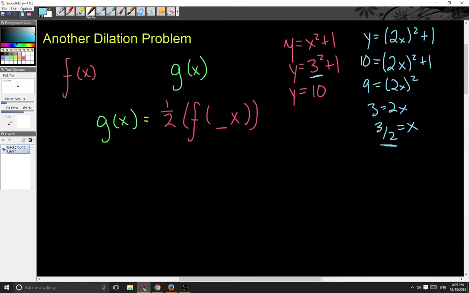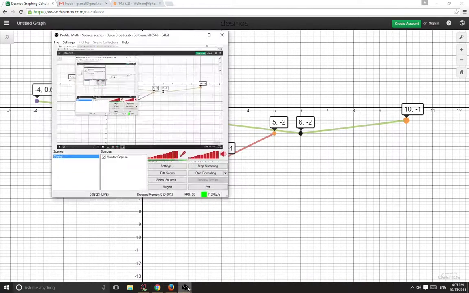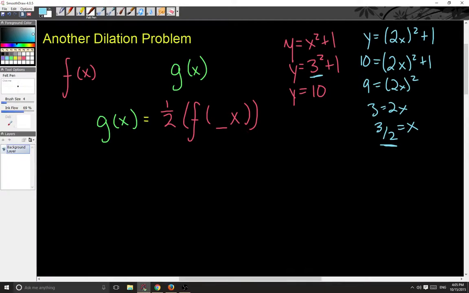So since we need to multiply all of our x-coordinates by 2, we actually don't want to put a 2 in here. We want to put the reciprocal of 2. We want to put in 1/2.